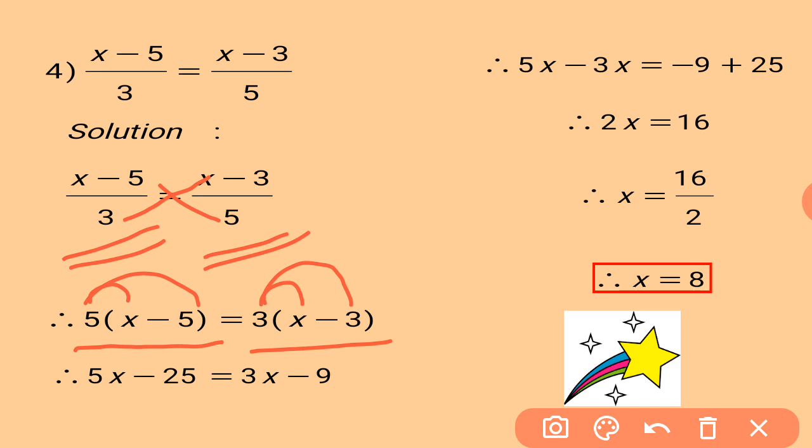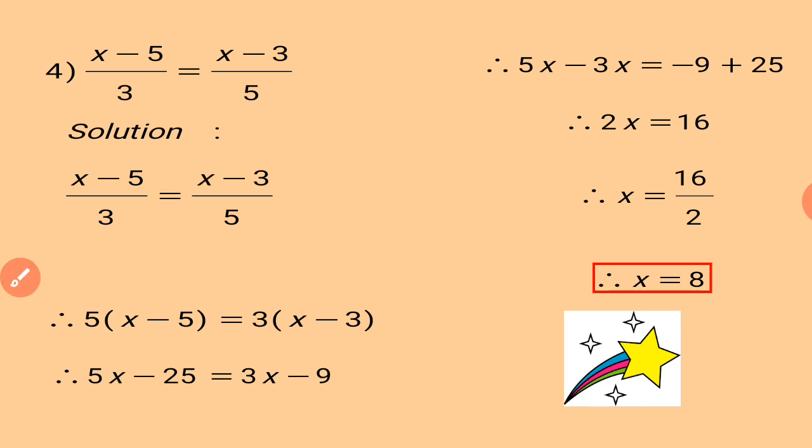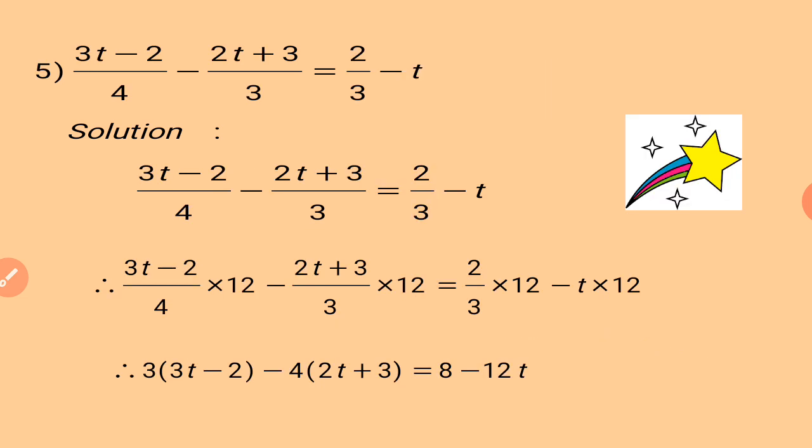After this, you will be transposing the variable terms on one side, constants on the other side, and further transposition will help you to get the value of x. In this case, x is 8. The method that was used is written here: the cross multiplication method.